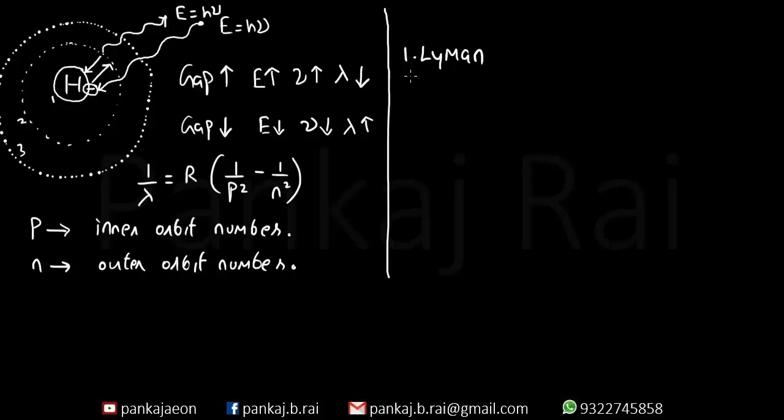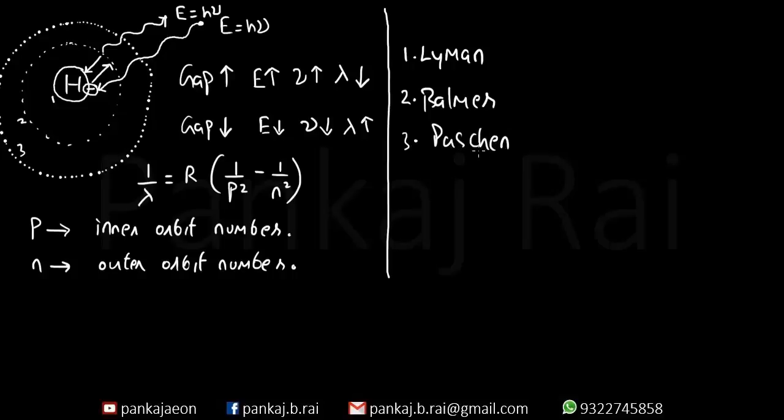So if the electron is coming from second to first, third to first, fourth to first, fifth to first, so that series of wavelengths of the photon which will be released is called Lyman series. The second series is called Balmer series, and Balmer series arises due to the transition of electrons from outer orbits to the second orbit. Next is Paschen series.